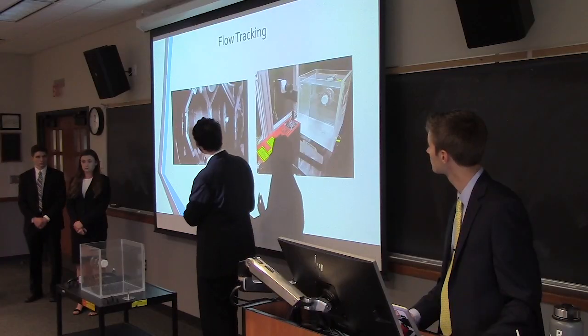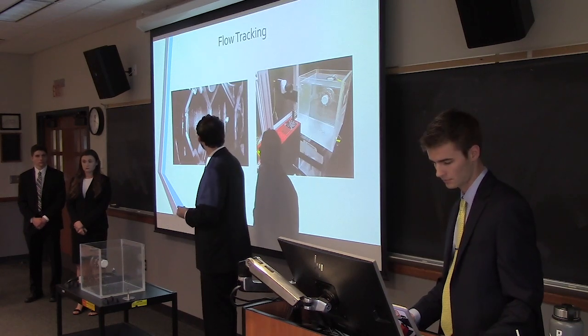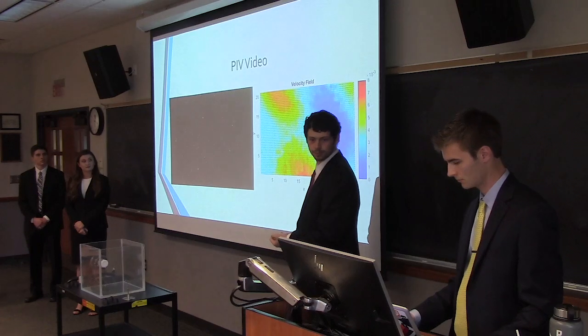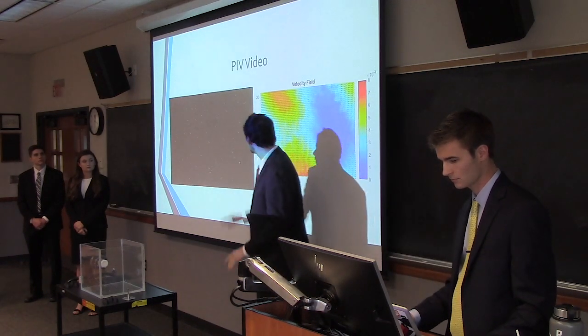zoomed in on the particles on a sheet of laser light, to see how the fluid is moving by putting particles that glow due to the laser, rather they reflect, into the flow. And this is what the camera gets.